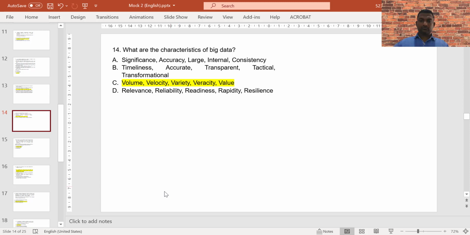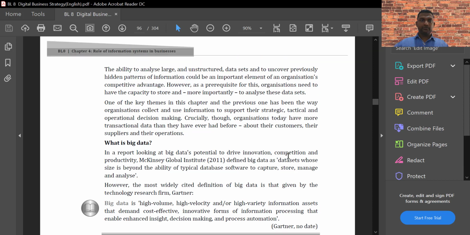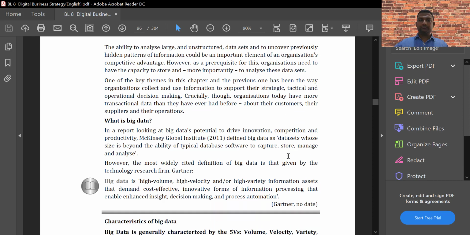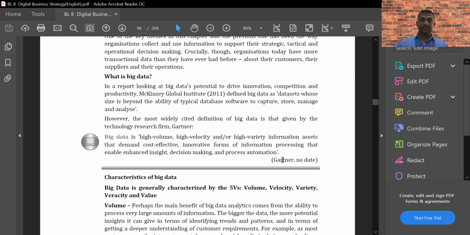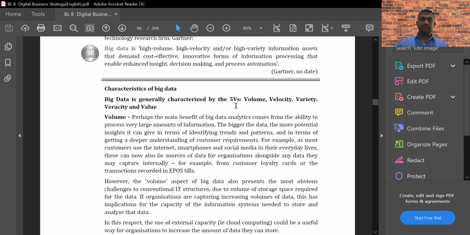So let me show you the area where this is discussed in your study guide. This is in chapter 4, under what is big data, an explanation is given, and then you can see characteristics of big data. So we say this is characterized under 5 V's: volume, velocity, variety, veracity, and value.